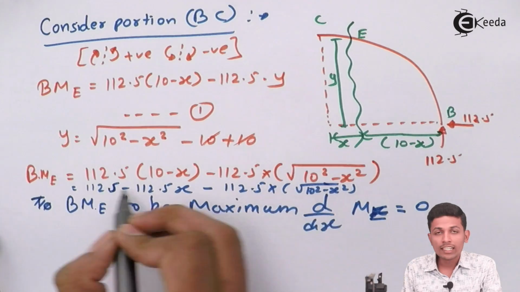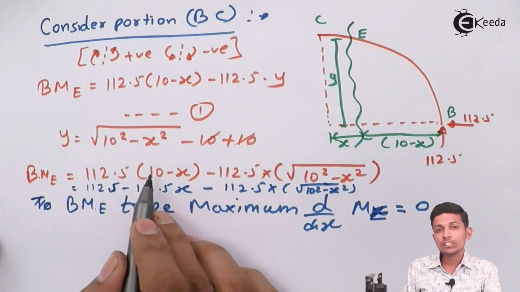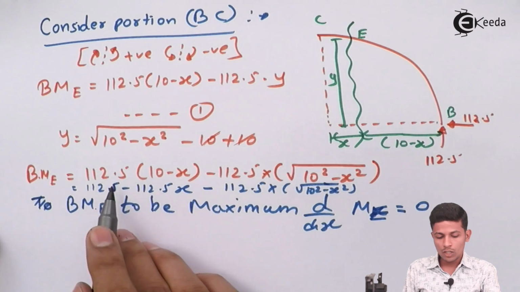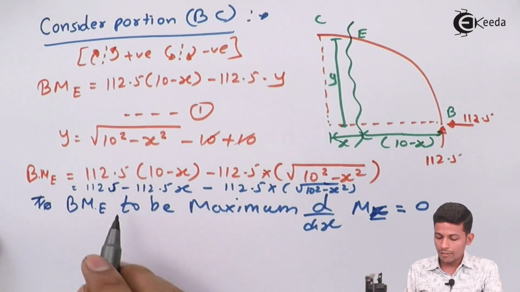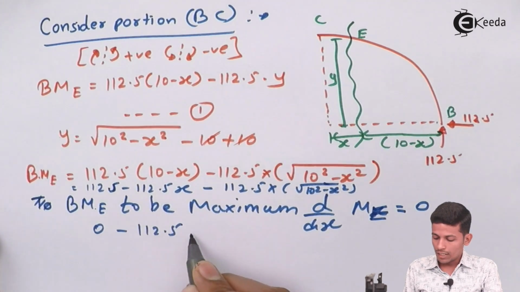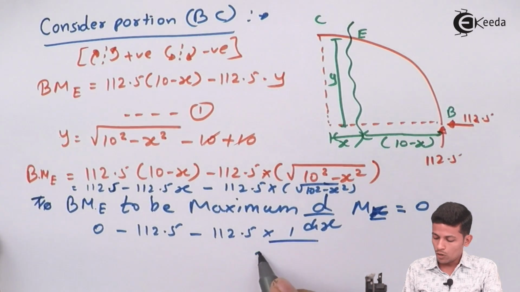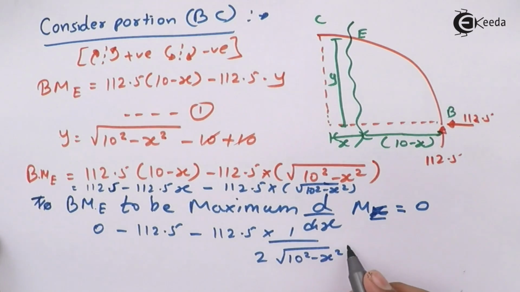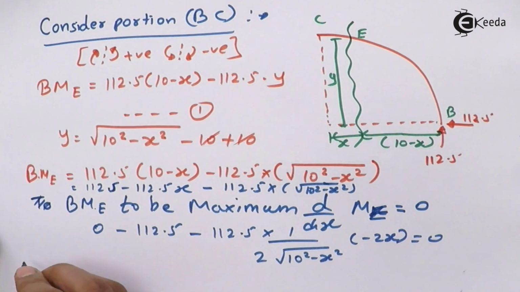I forgot to write this line, that's why it's complicated to see, but please see this. Just open the bracket over here. Now we have to take the derivative of this. It will come 0, minus 112.5, then minus 112.5 into 1 upon 2 under root 10 square minus x square, then minus 2x, is equal to 0.